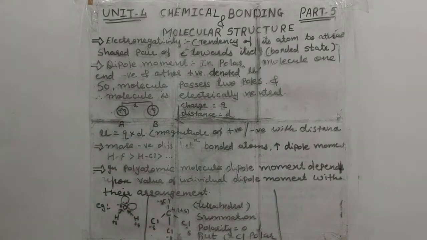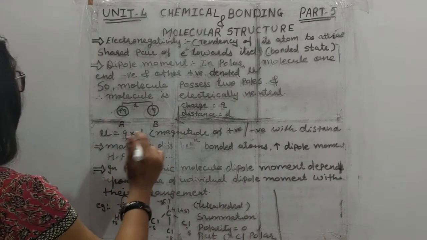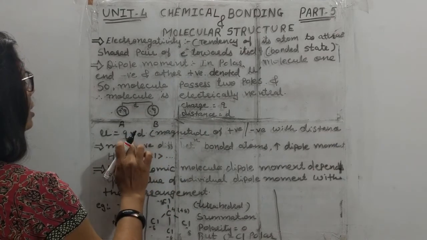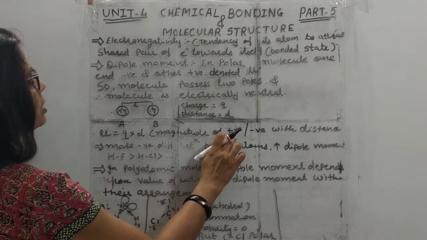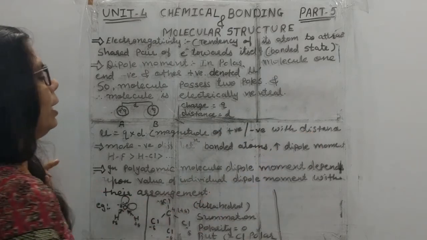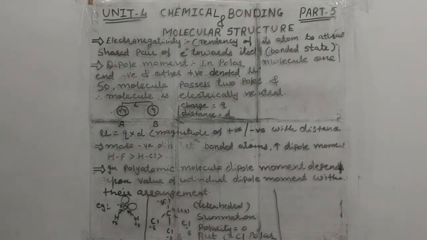So this is known as mu, Q into D. It is a product of the magnitude of positive charge or maybe the negative charge with distance.